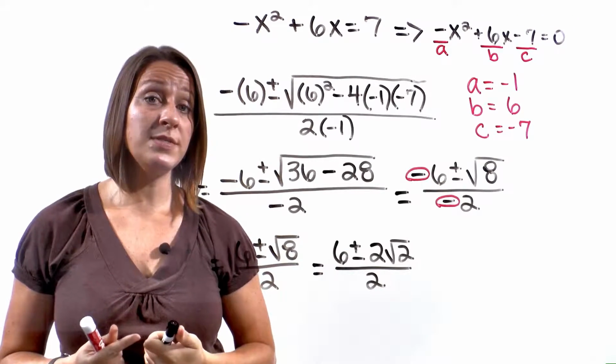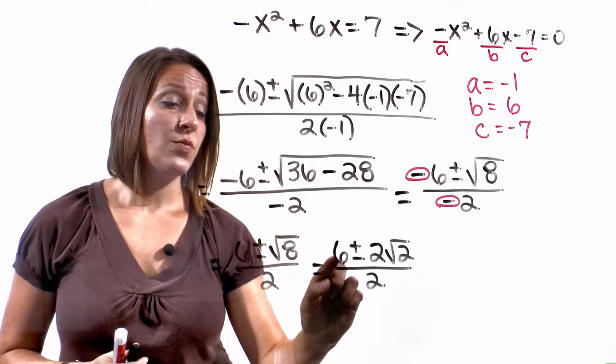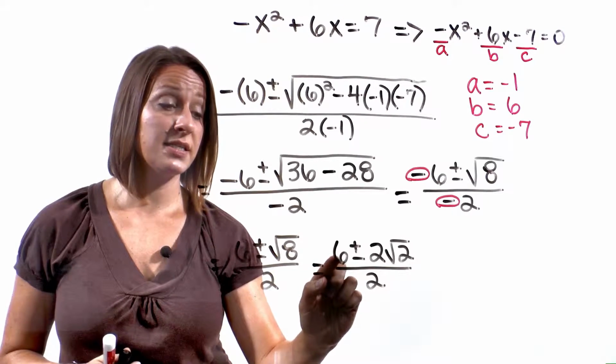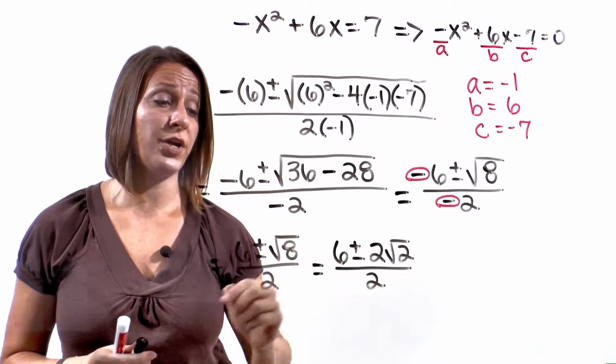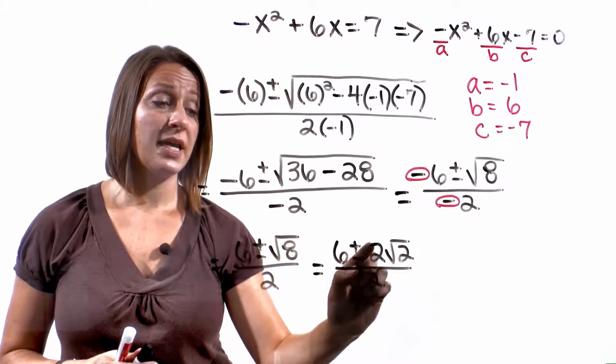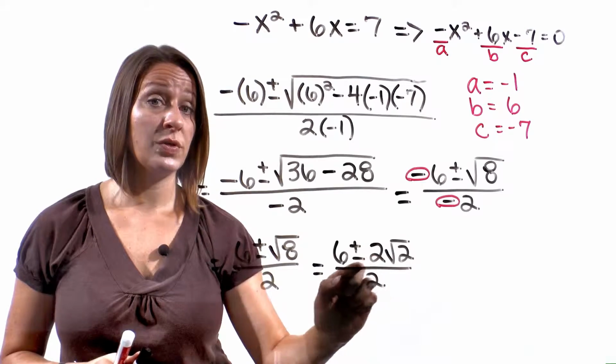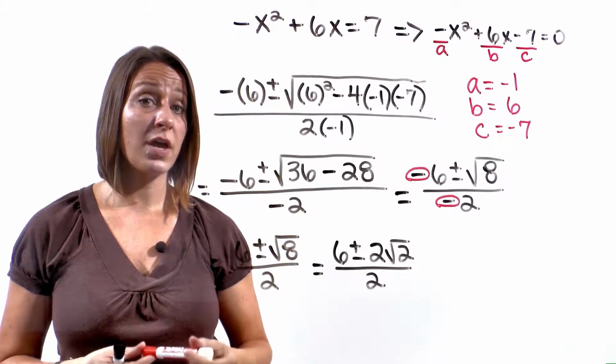Next. Sometimes this is hard to see, but we have the whole number 6 and we have the whole number 2 in our numerator. 6 and the whole number 2 have a common term of a 2.